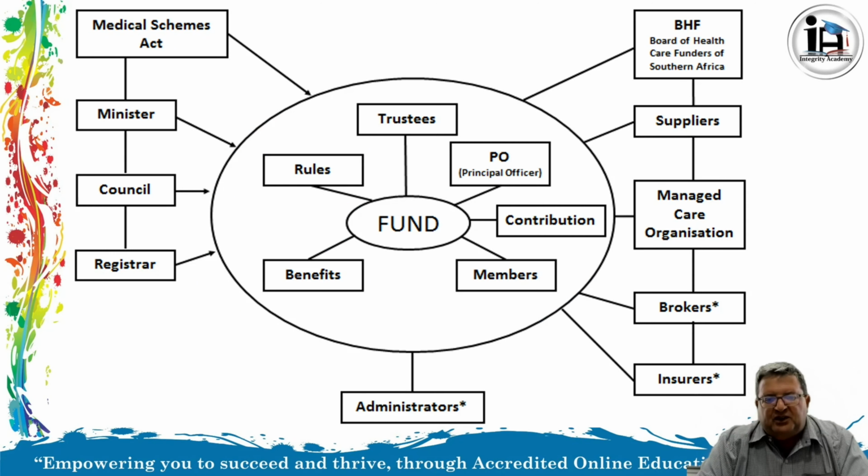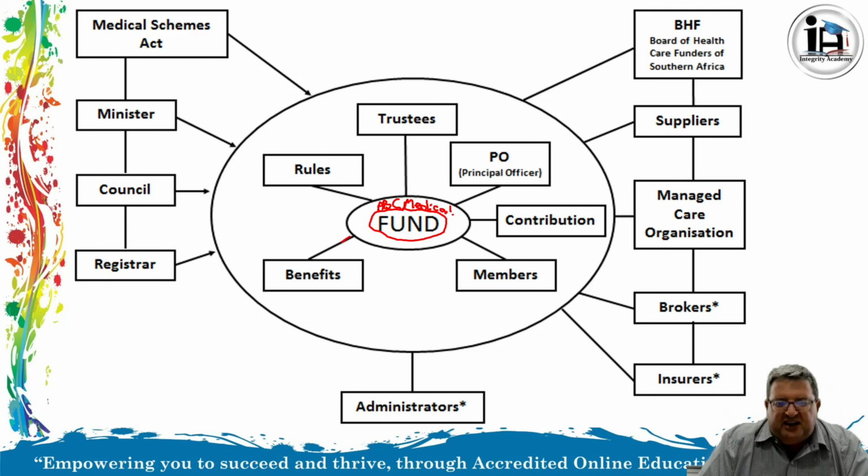So if we look at this diagram, you see right here in the middle, we've got the fund. Whatever fund, whoever it is, let's say it's the scheme. Let's call it ABC Medical.